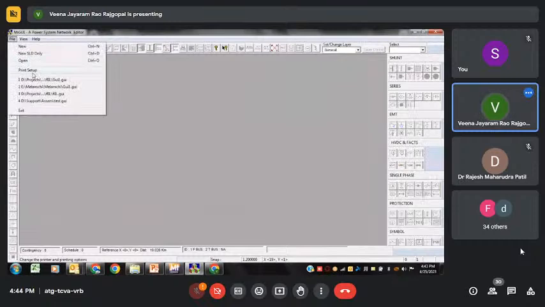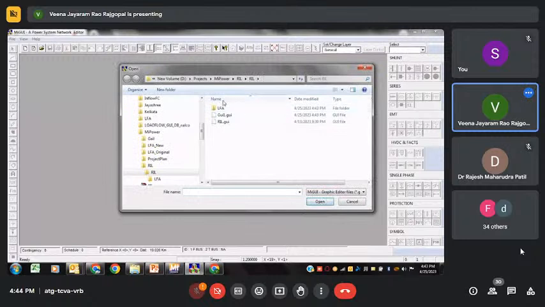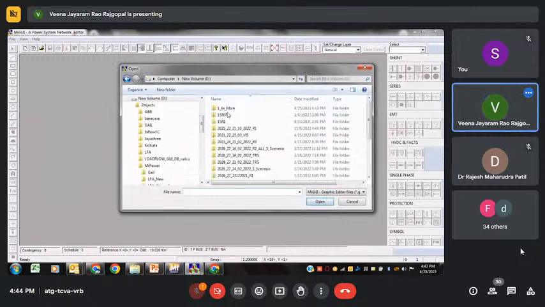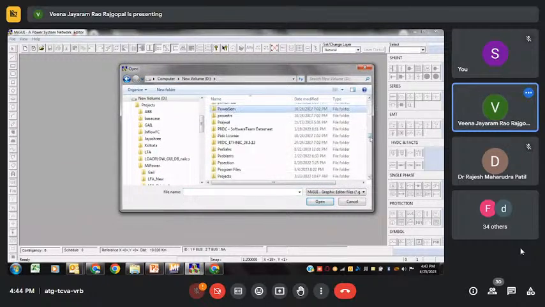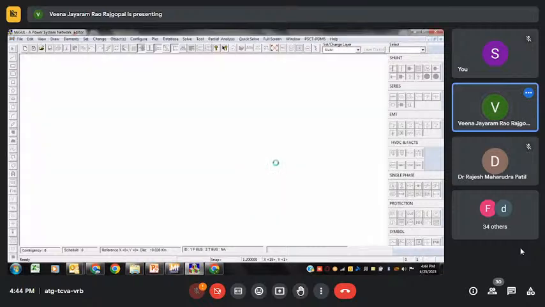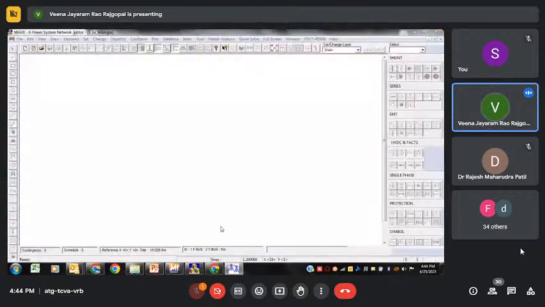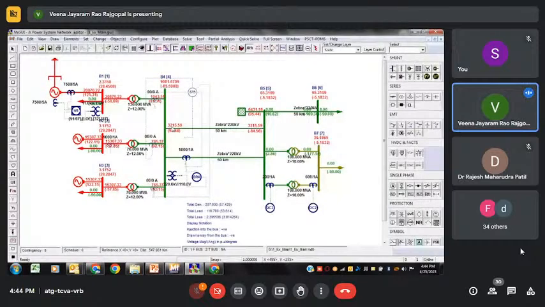Take the example. So this is a sample. Once the data is given, you can do this.